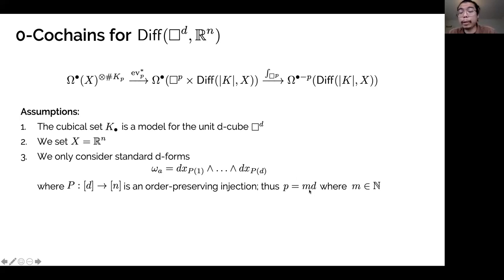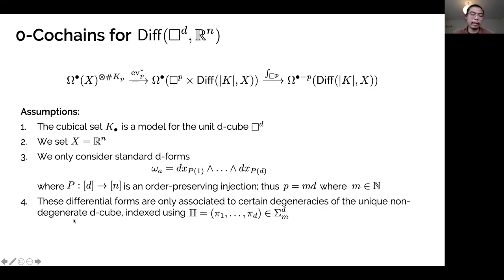And in particular, this M is something that we'll call the level of the signature. So this corresponds to the number of D forms that we'll be using. And in the path space case, this corresponds to just the number of iterations in our integral. And specifically, we're going to be associating these differential forms to specific P cubes.